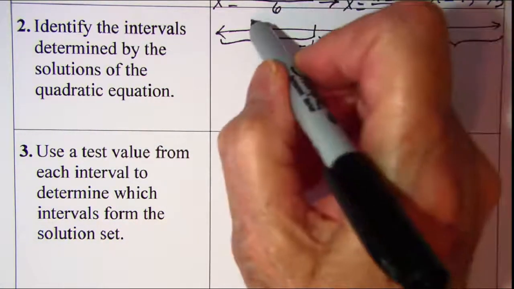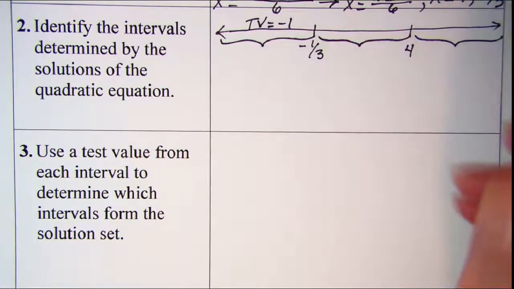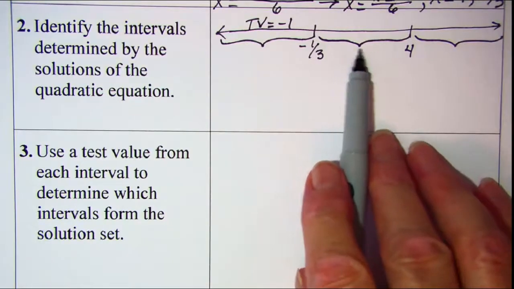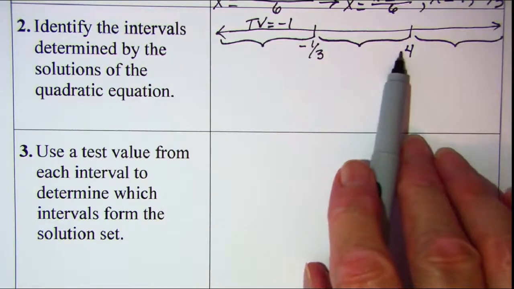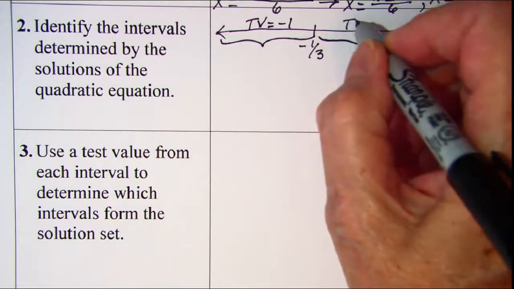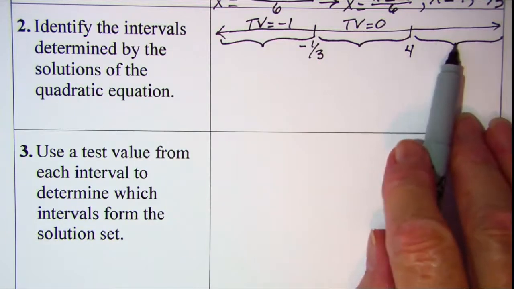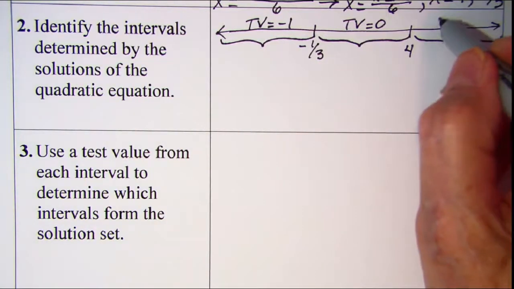Let's pick a test value of negative 1. For numbers between negative 1/3 and 4, I'll pick 0 for my test value. And for numbers greater than 4, let me pick 5.